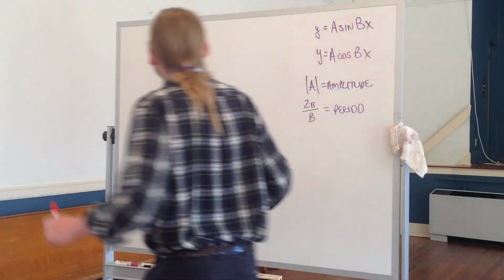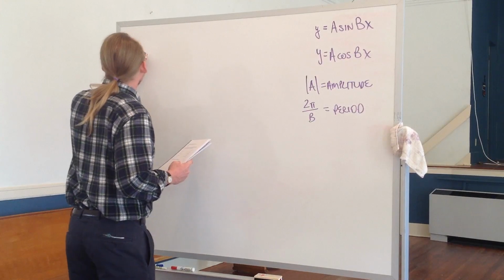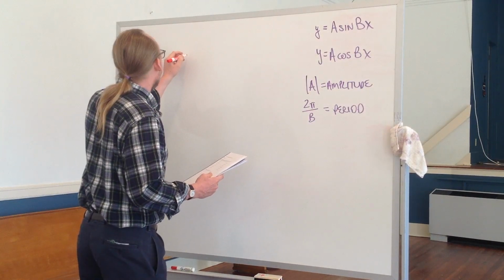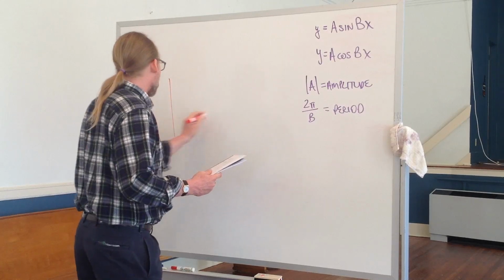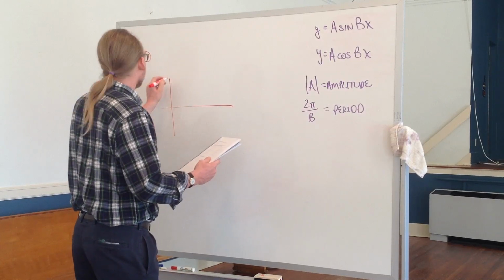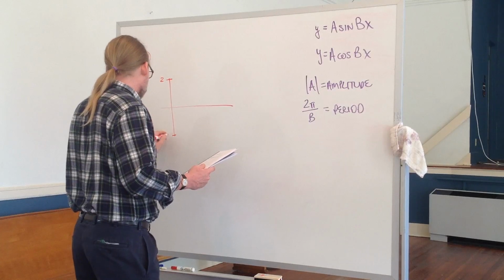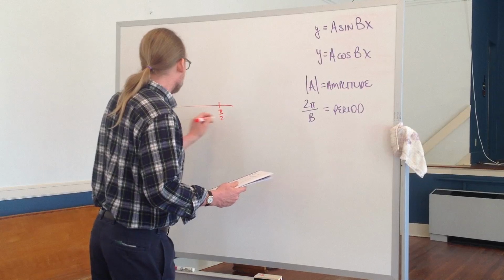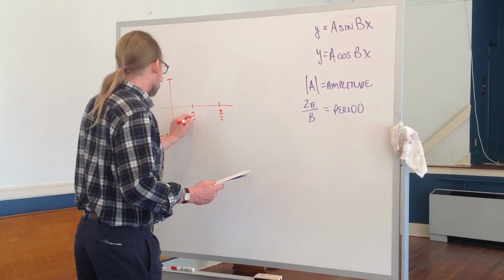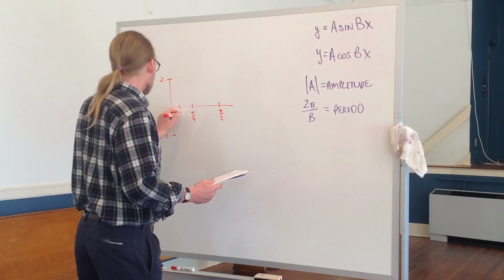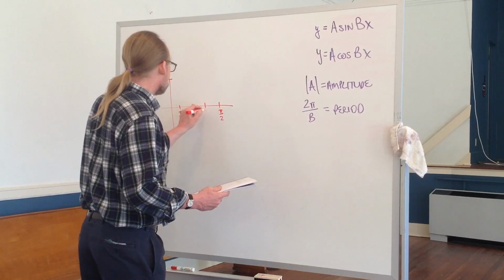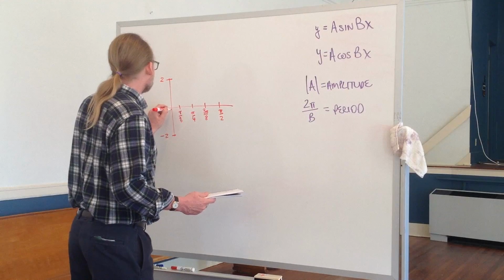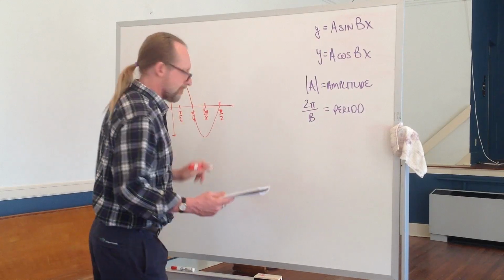All right, problem 14. So here our amplitude is going to be 2, and then this is pi over 2, pi over 4, pi over 8, 3 pi over 8, and this is a standard sine curve.